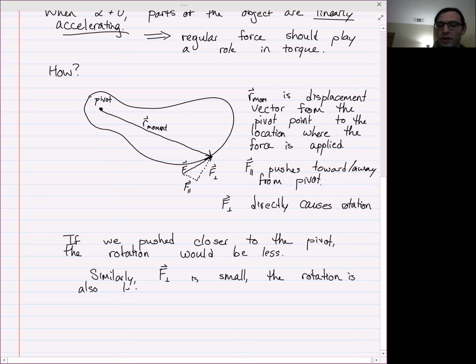So we know that there's a relationship between the amount of rotation that we get, this rotational force that we're going to call torque, and two quantities. One of those quantities is our moment, the size of our moment. How far away is the force applied from the pivot point? Because the larger that distance, the more effective this torque is. And similarly, the more force you apply perpendicular to this moment vector, the more effective your torque is.